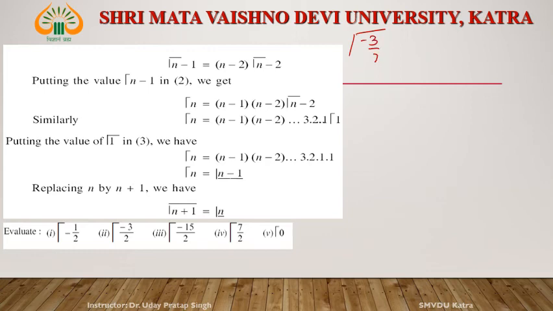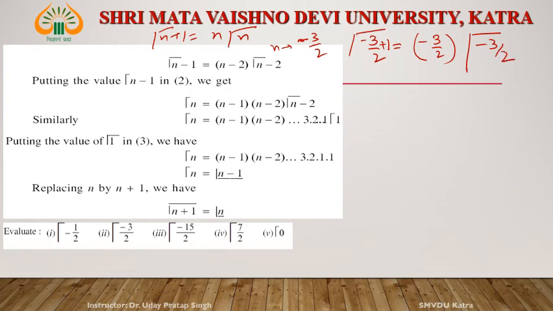Gamma of minus 3 by 2: use the relation gamma of n plus 1 is equal to n into gamma of n. Replace n by minus 3 by 2. Then gamma of minus 3 by 2 plus 1, which is gamma of minus 1 by 2, is equal to minus 3 by 2 gamma of minus 3 by 2.